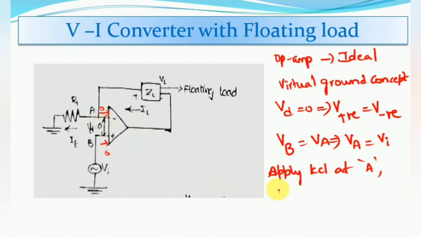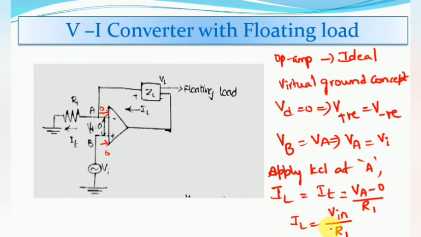So the entering current is IL and the leaving current is I1. We know the I1 value from the circuit: I1 is (Va minus 0) by R1. So Va value is the input voltage, that is IL is equal to, finally, Vin by R1.